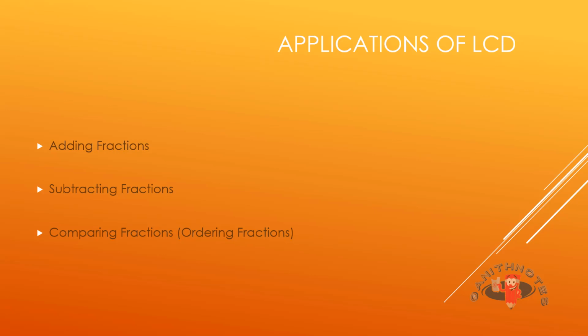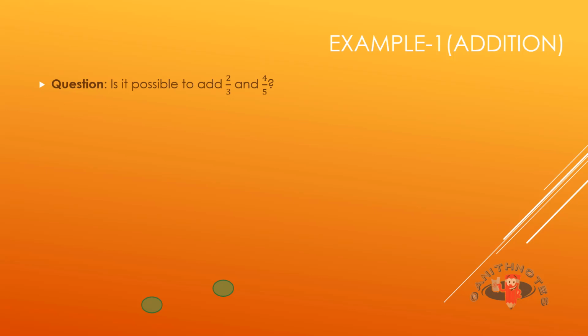You have to find an LCD and then proceed with the addition. Similar is the case of subtraction of fractions. And if you want to compare two or three fractions that are given, and order them in ascending order or descending order, then comes the concept of LCD. So let's discuss all these in detail.